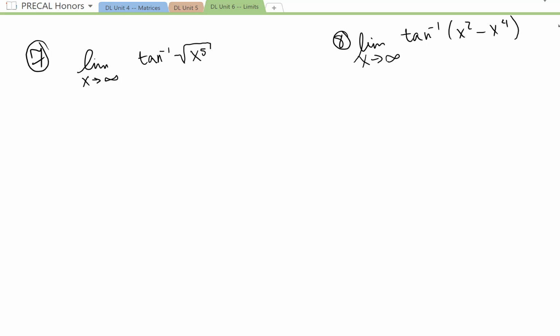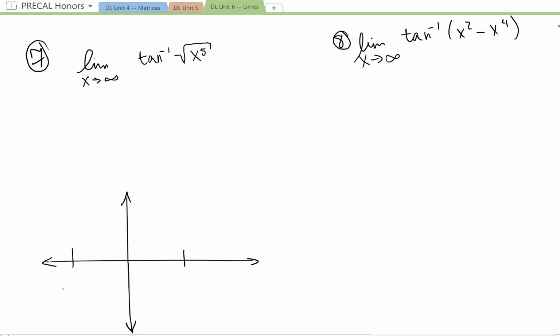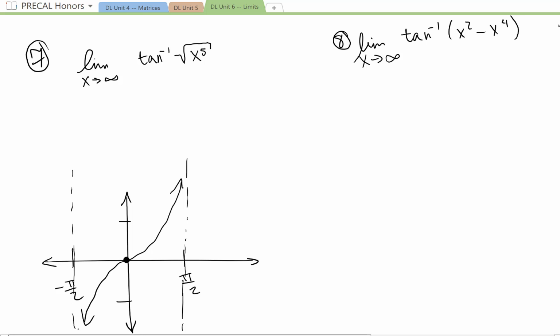You can also use direct substitution for inverse trig, but we have to remember what these functions actually look like. To help us with arctan, we're going to remember what tangent actually looks like. Tangent spans from negative pi halves to pi halves, and looks like somewhat of a wave. And there's an asymptote at pi halves and an asymptote at negative pi halves.